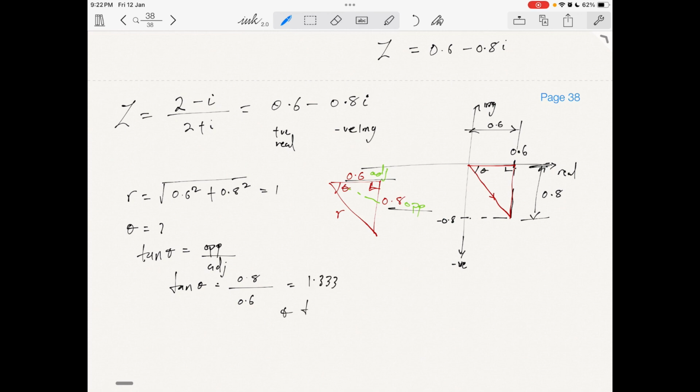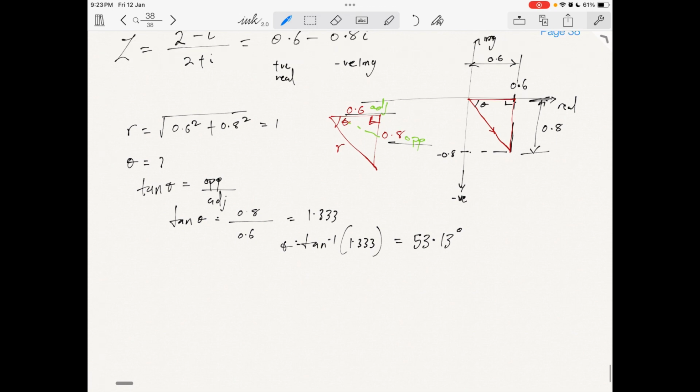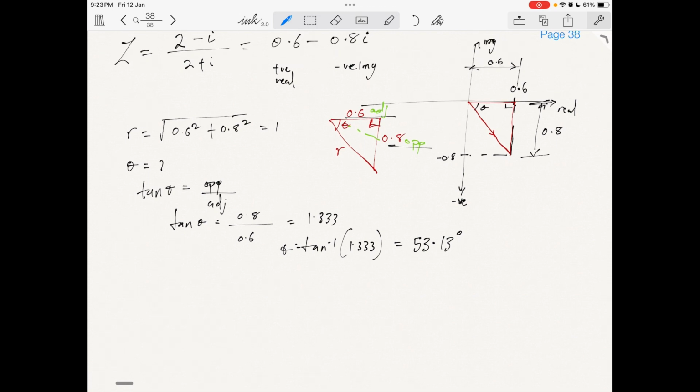Then theta will be equal to arctan 1.33, and that will give us 53.13 degrees. Now with that done, we can evaluate our argument of z.